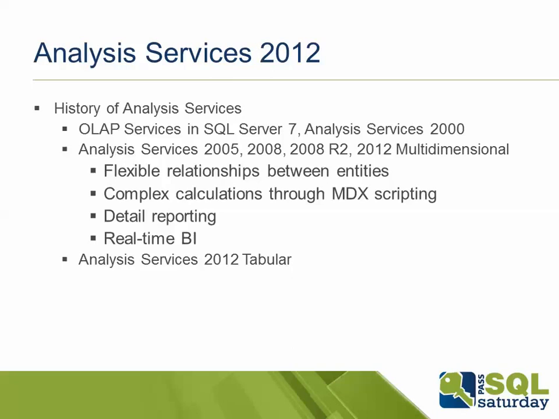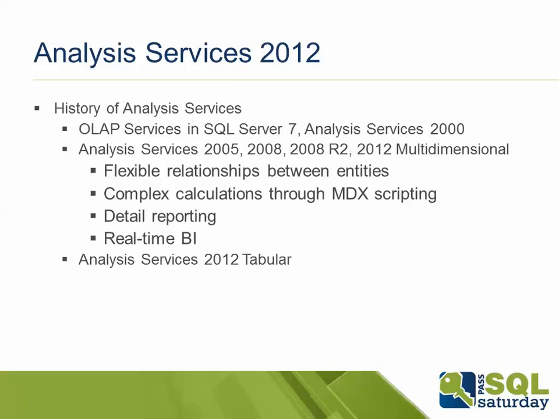It's not an evolutionary release. However, it does share a common lineage with multidimensional, and that's apparent in different ways. One way that's apparent is if you remember, I said that in 2000 the programming model was Decision Support Objects. In 2005 we got a completely new programming model called Analysis Management Objects.